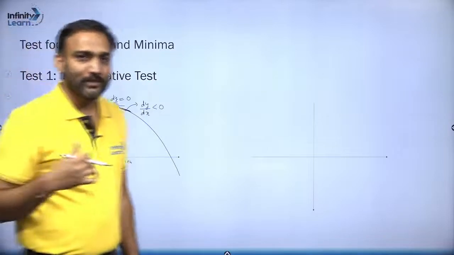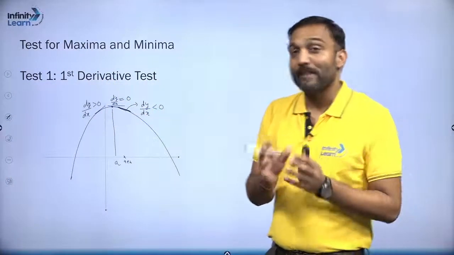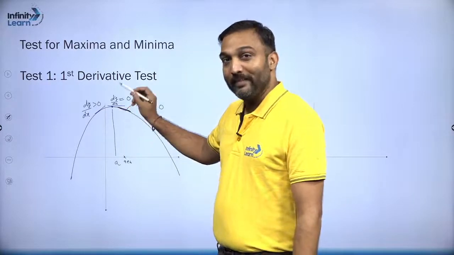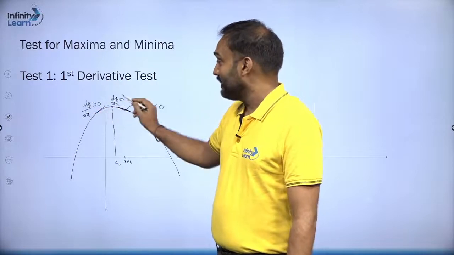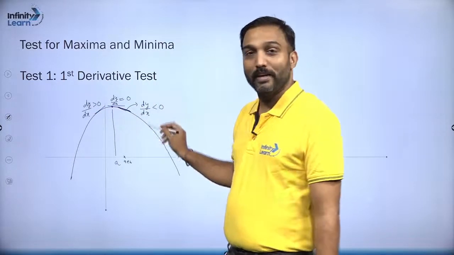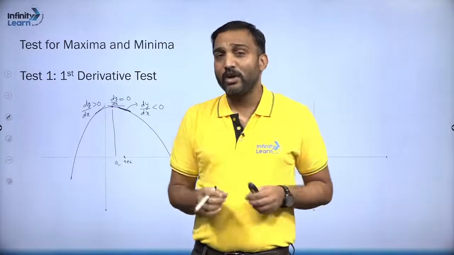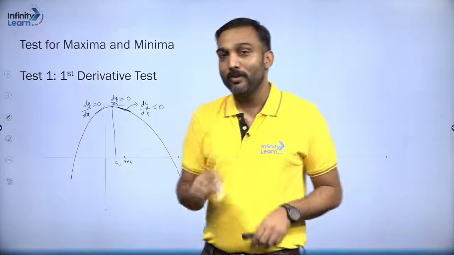Now if you observe, I have figured out an important test for a local maxima. If there is a local maxima at x is equal to a, then your dy by dx will move from positive, then it becomes 0, then it becomes negative. So whenever you have a local maxima, the sign of dy by dx will go from positive to 0 and 0 to negative.